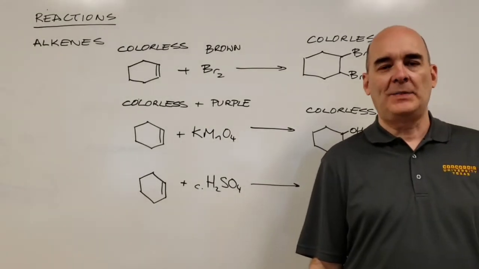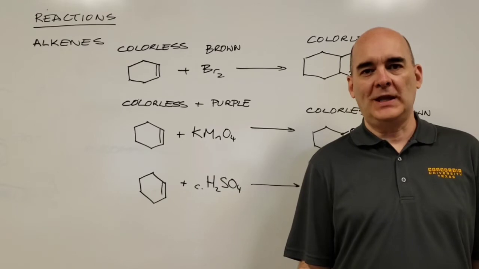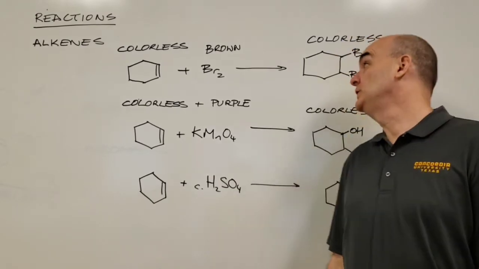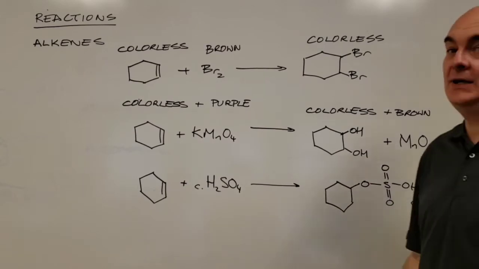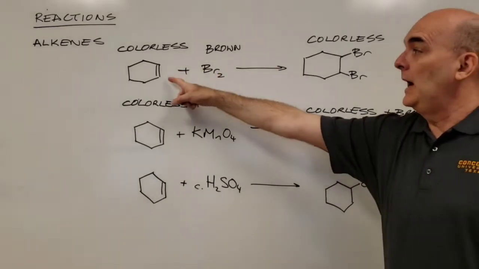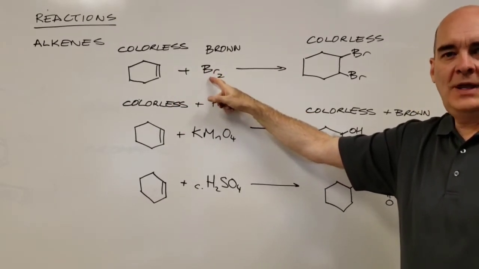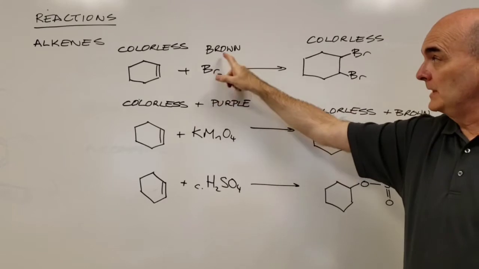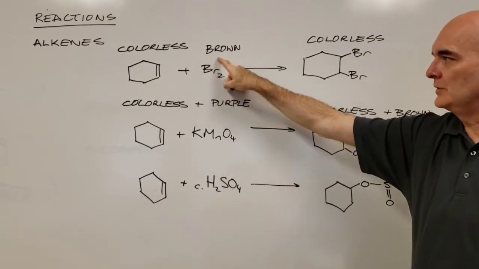We're not anticipating any of the reagents causing a reaction with the alkanes. We do, however, anticipate that the alkenes will react in a couple of these cases. Alkene plus bromine, either in tetrachloromethane or in water, is colorless molecule plus brown reagent.